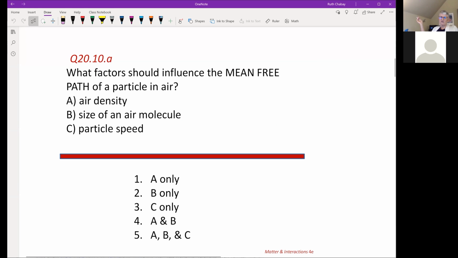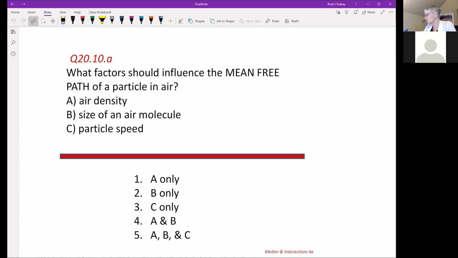It could depend on the density of the air. It could depend on how big an air molecule is. Suppose there was a gas that wasn't air, but it had much bigger molecules. Would that make a difference? It could depend on the speed of the particle. So what do you think the factors are that we're going to need to worry about when we're trying to estimate the mean free path of a particle in air?